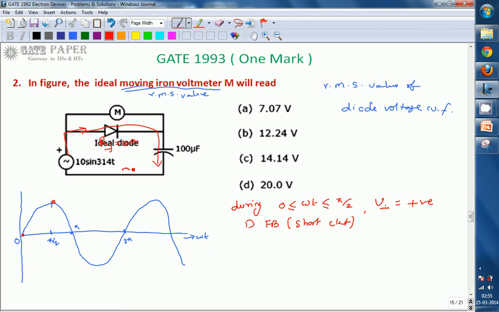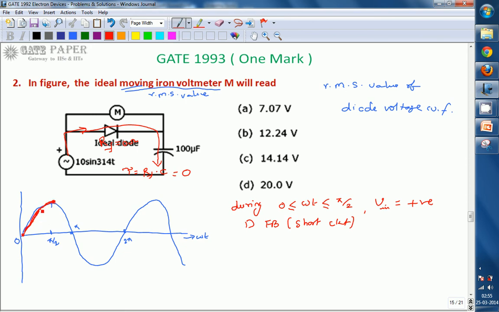Now the charging time constant is RF into C, which is 0 into C, that is 0. A time constant of 0 means that whenever you apply any voltage, the capacitor directly follows it. So if the input voltage increases from 0 onwards, the capacitor simply follows that voltage, going towards the peak value.